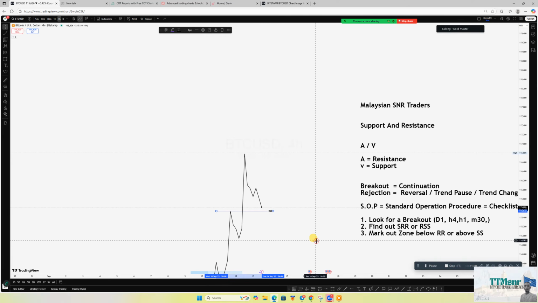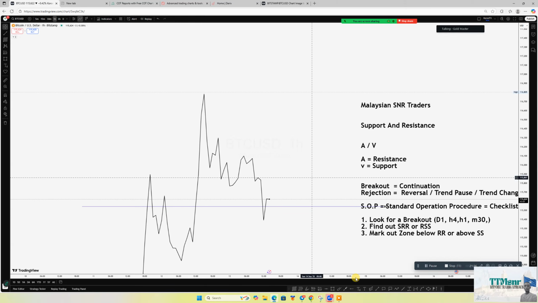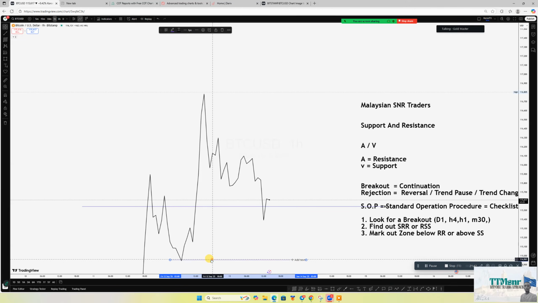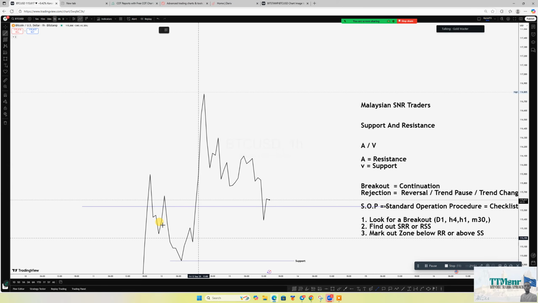A 4 hour, right? So I have to go one time frame lower or two time frames lower to get SRR or RSS according to the setup. So I have to go 1 hour. So according to 1 hour, we want first a support level, you know, support level that's breaking to resistance up higher.